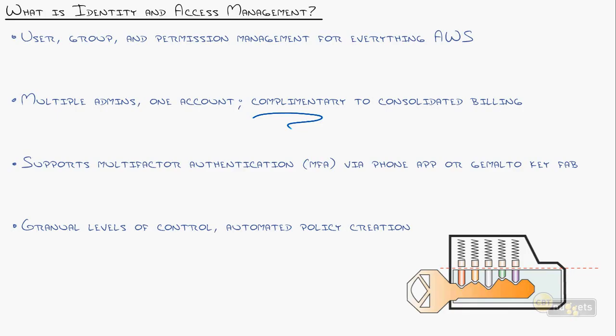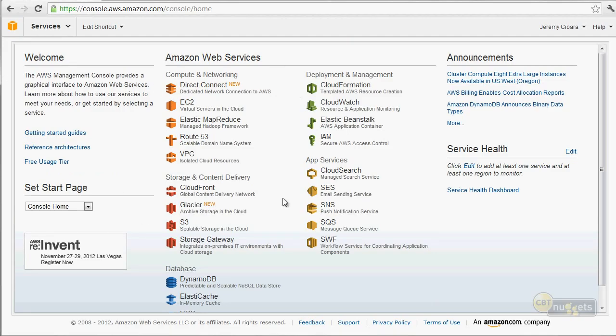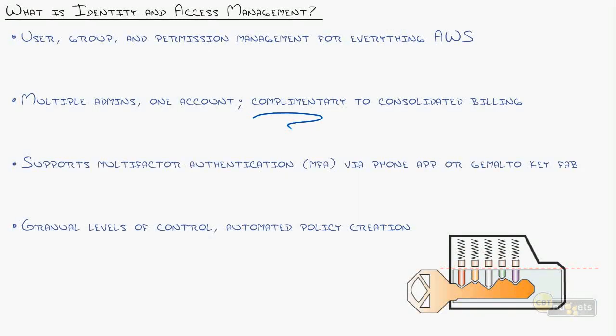I have my own little AWS account here that we've been using for this entire series, creating instances and all that, but it is linked to the CBT Nuggets account. Otherwise, I would have to put my own personal credit card in there and get charged anytime I start an instance. So consolidated billing links multiple accounts together under essentially one billing account. So that's also there. But IAM is not that.